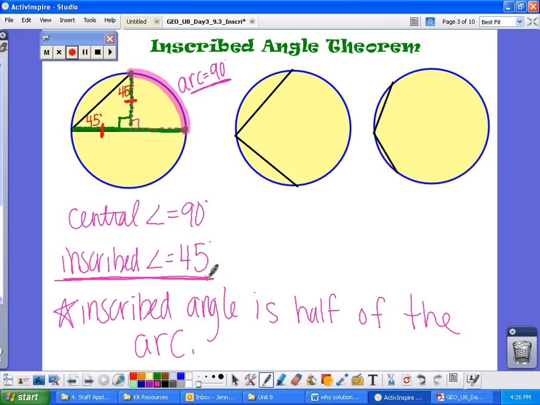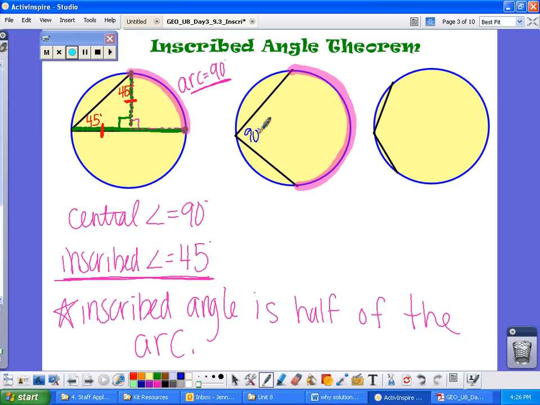Alright, so let's talk about a couple of things. If I have an inscribed angle here, if this is 180 degrees, this over here would be 90 degrees. Or if it is less than 180 degrees, then I know it would be less than 90 degrees.